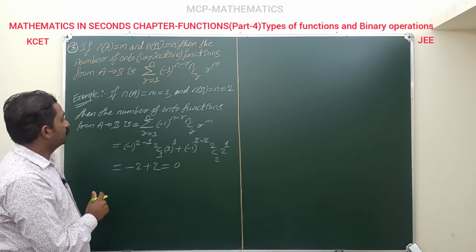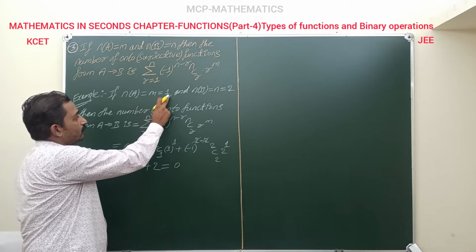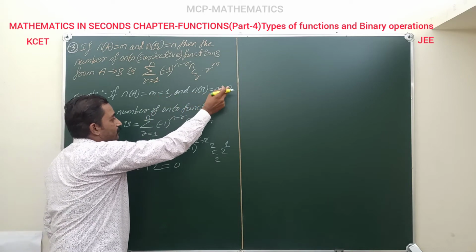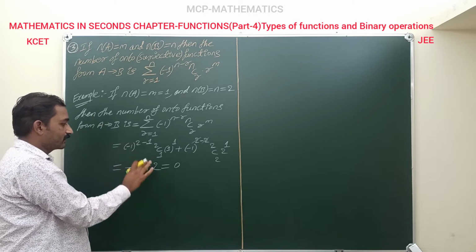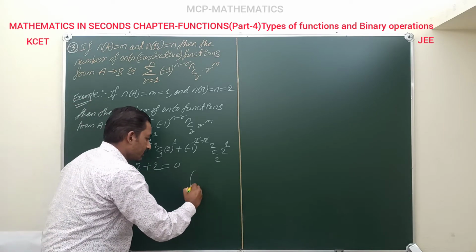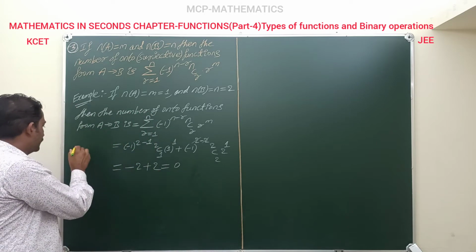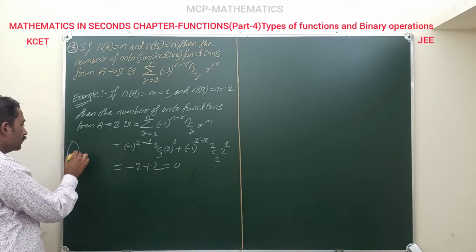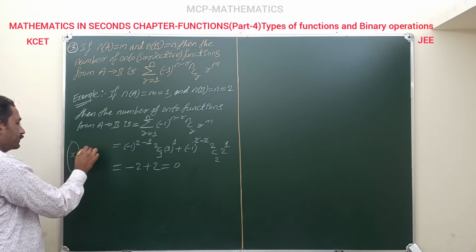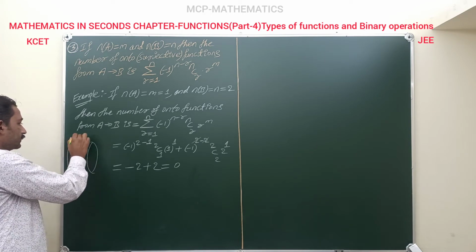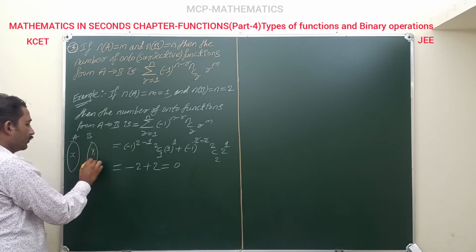So the number of onto functions, if n of A is m, nothing but 1, and n of B is n, nothing but 2, then the number of onto functions from A to B is 0, of course. Here set A contains only one element, it may be x. Set B contains two elements, nothing but y1, y2.